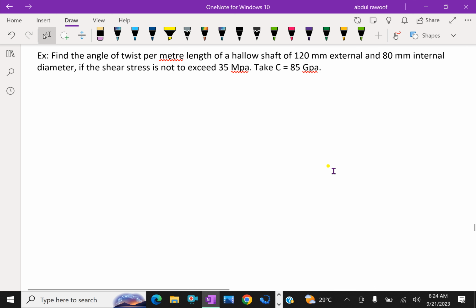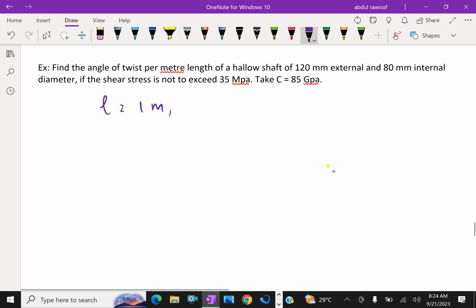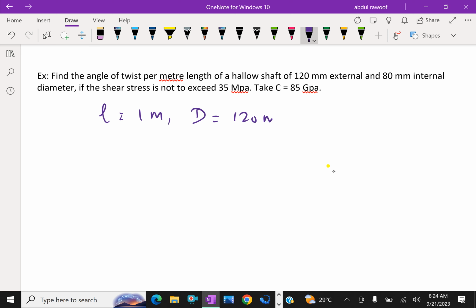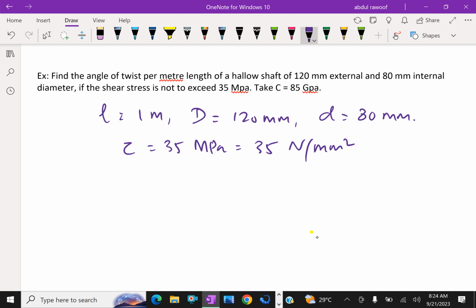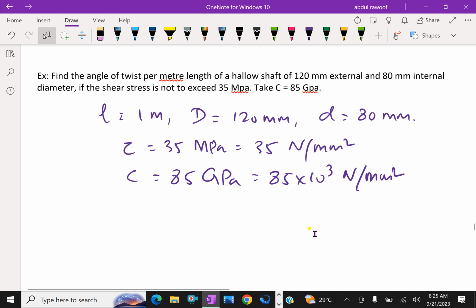Length is 1 meter, capital D equals 120 mm and small d is 80 mm, and tau equals 35 MPa, that is 35 Newton per mm squared. C, the modulus of rigidity, equals 85 GPa, which is 85 into 10 power 3 Newton per mm squared. These are the given data.